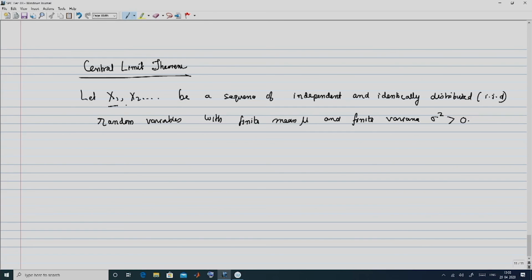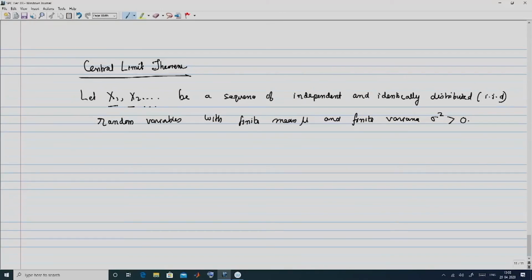So, this means your x1, x2 and so on are all independent of each other, first thing. The second thing is that they are identically distributed, and since they are identically distributed, obviously they will have the same first two moments. Those moments are: the mean is mu and the variance is sigma square, where as discussed before, mu has to be finite and sigma square obviously is positive. Now, I define Sn as the sum of the first n random variables.